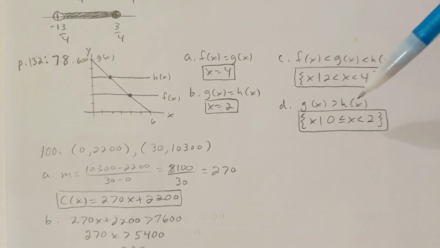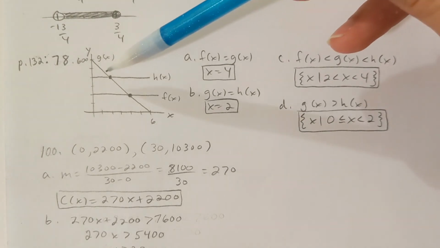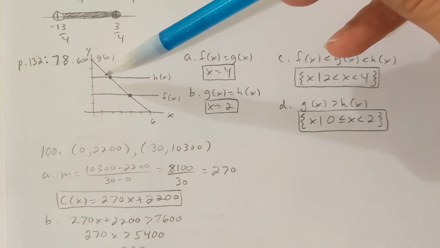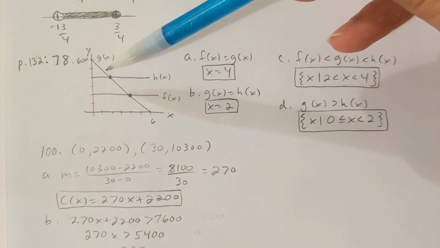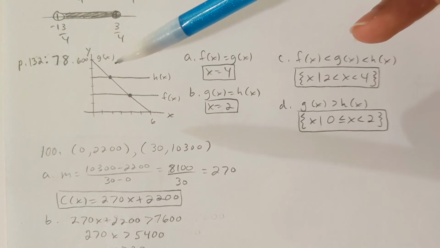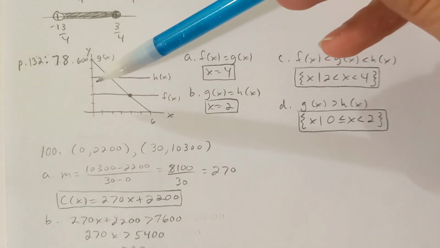g of x greater than h of x. Well, let's see here. So where is g of x larger than h of x? And they're talking about the y values. It looks like anything that is between 0 and 2, including 0.